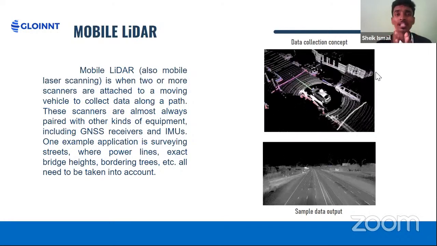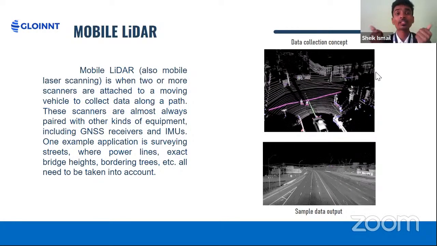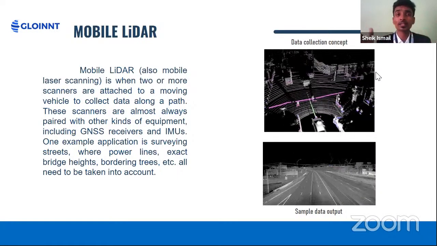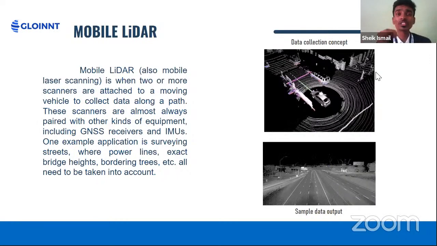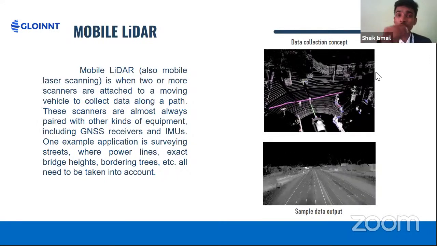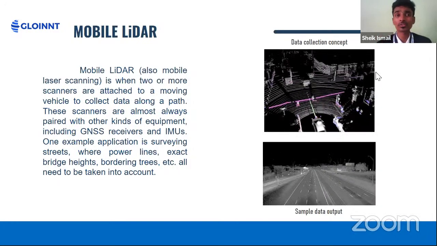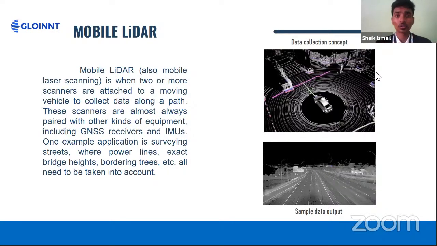Mostly mobile lidar is used for corridor mapping, extending roads from 2 lane to 4 lane, 6 lane, something like that. We use mobile lidar mostly for existing features like roads and rail roads.